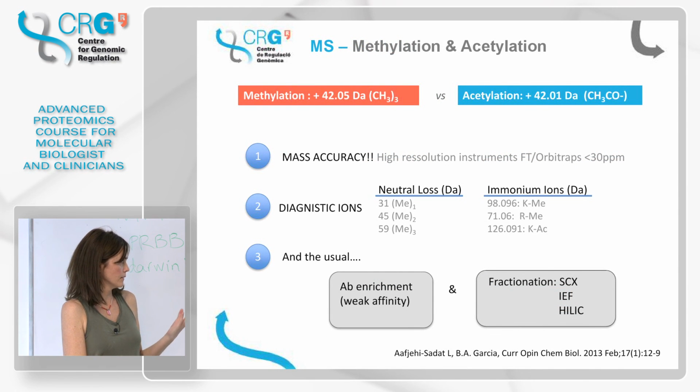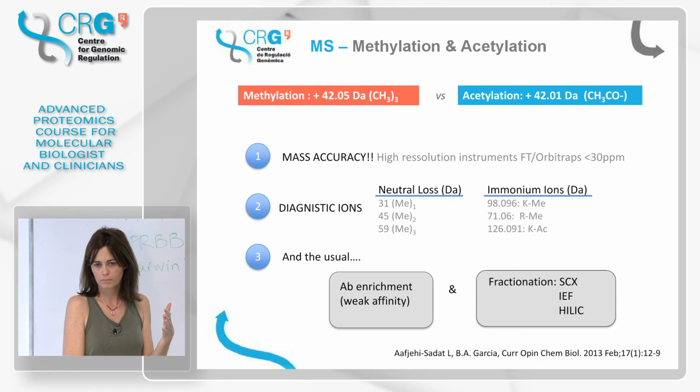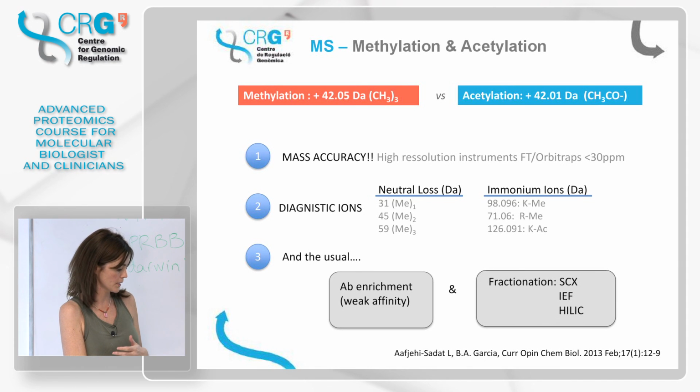In the old days this used to be a problem. These days, with the mass accuracy, which, if you remember, is how exact is our mass, instruments are quite accurate in the mass that they measure. We can distinguish these modifications, the trimethylation from the acetylation.